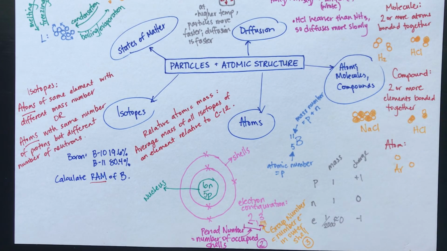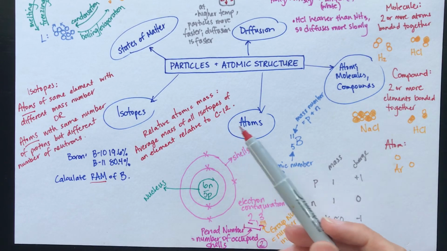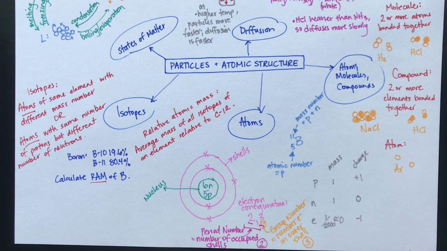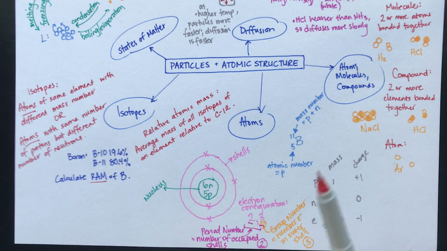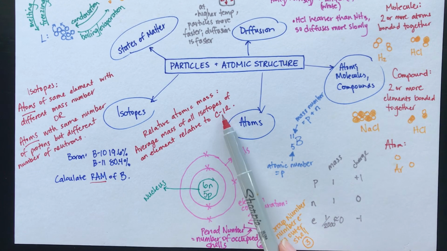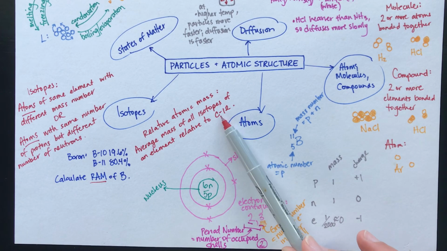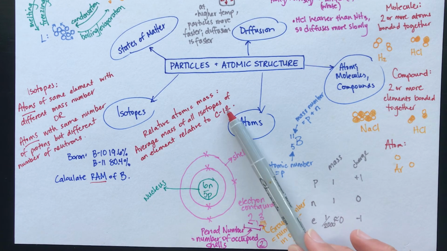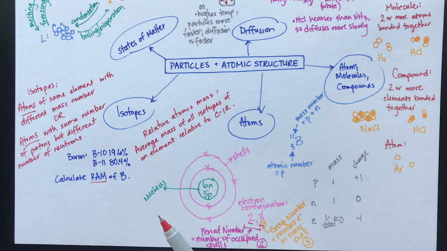You don't need to go into a lot about why that is. It just has to do with the fact that we've chosen this one here arbitrarily, and in reality, chemists use carbon-12 as their baseline, and we compare everything to that. And what we're really doing is comparing it to a 12th of carbon-12, but you don't need to go into all that at GCSE level. Just remember, that's our standard. All of the others are relative to it. That's where that word relative comes from.